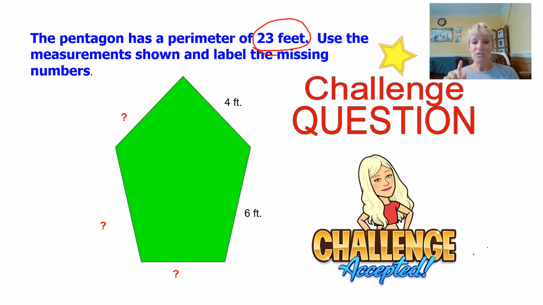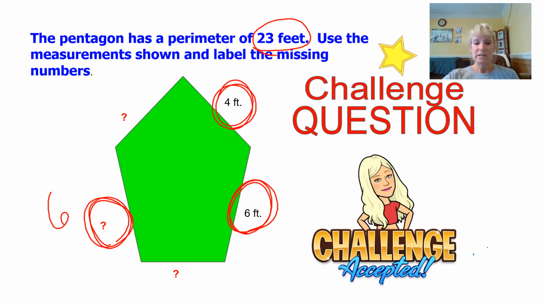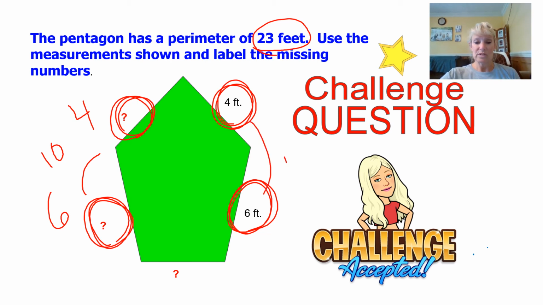Okay, first thing I want you to notice is that if it's 6 feet here, it's going to also be 6 feet here, even though it didn't tell me. If it is 4 feet here, then it is also going to be 4 feet there, because the two sides are the same. Now, if I have 6 and 4, this gives me 10, and if I have 6 and 4, this gives me 10.